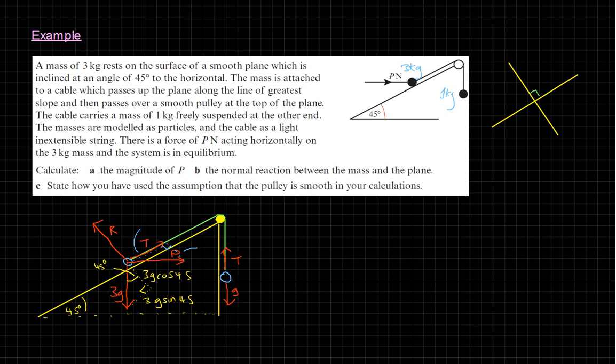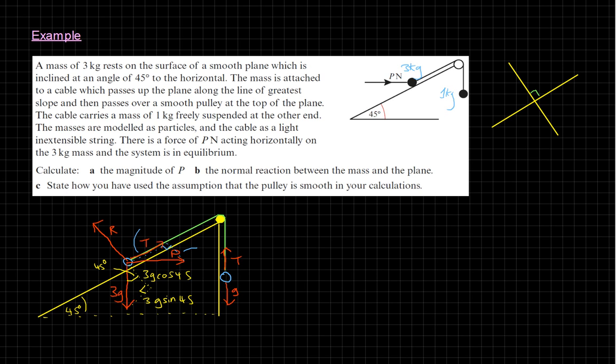What are the relevant angles? Well, the angle here, if I just sort of colour that in, that blue angle there, that's going to be 45 degrees, right? It's just going to line up perfectly with this angle because we've got what is effectively the horizontal P and then the line of the string, which is the same as the line of the slope. So that's 45 degrees there. I'm not going to write in the 45 degrees because it's too messy, but that there is 45 degrees.